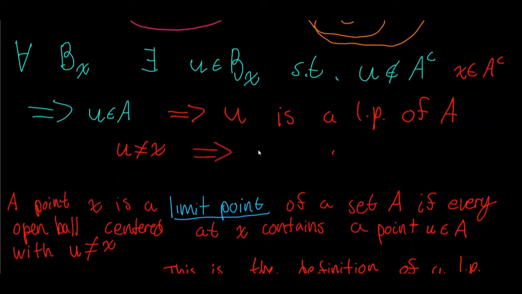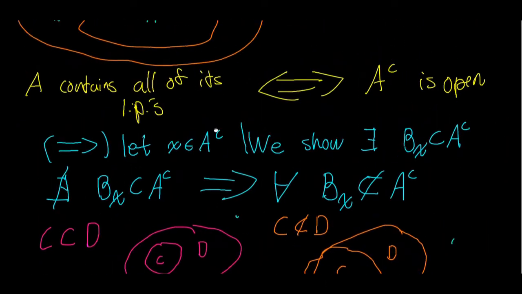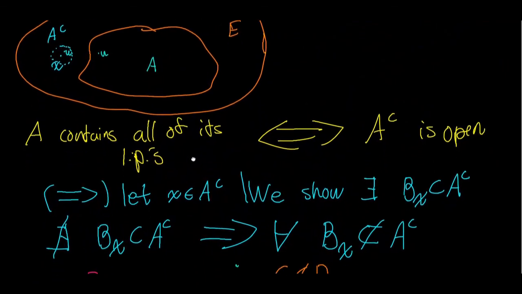So therefore, we've arrived at a contradiction. And the reason we've arrived at a contradiction is because we initially supposed that A contains all of its limit points.